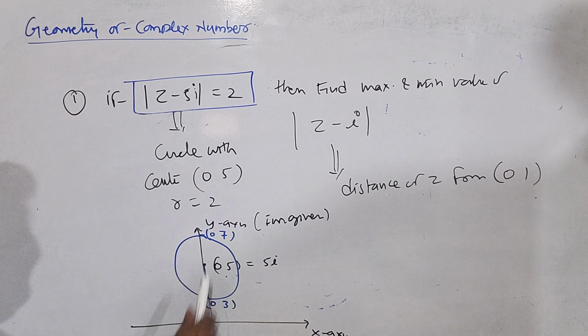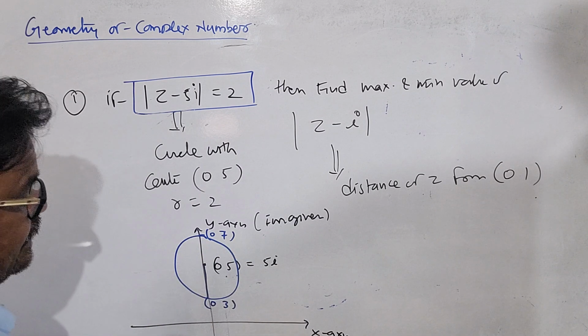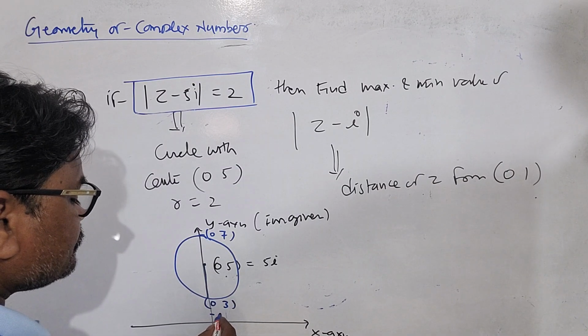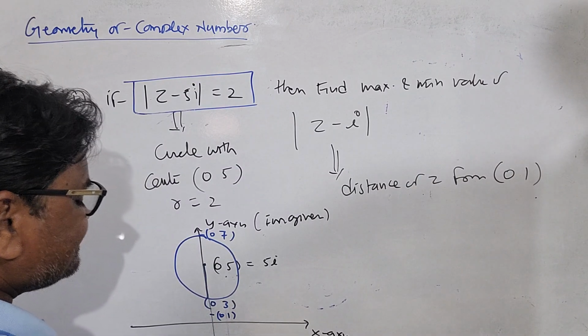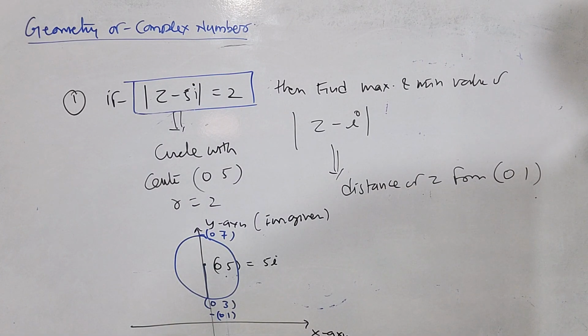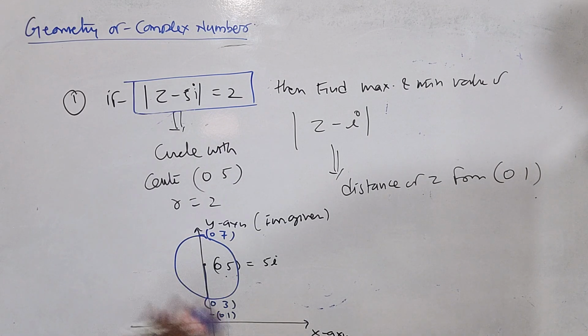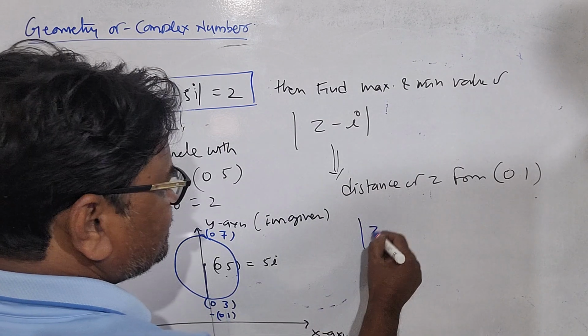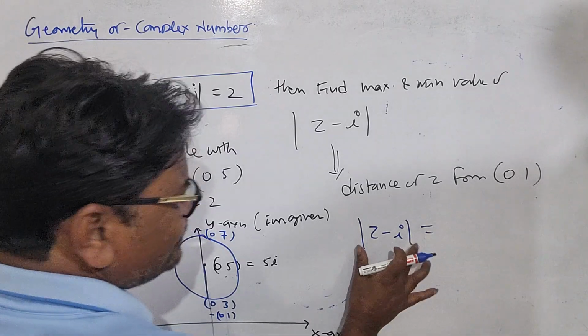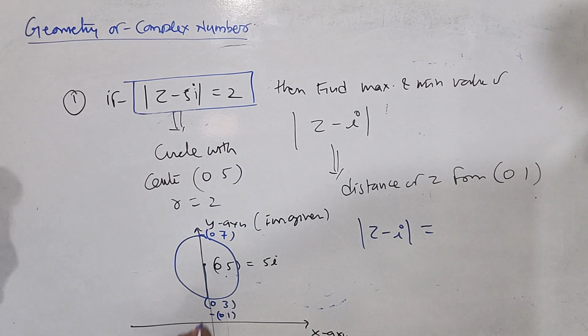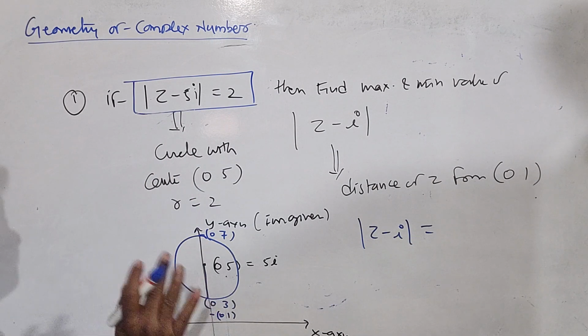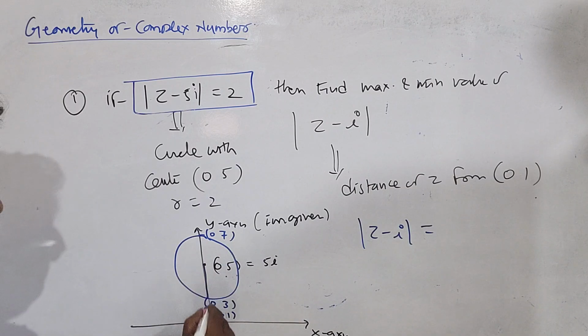In the Argand plane this is 7i, this is 3i, and this is your (0, 1) in coordinate geometry, and i in the Argand plane, correct? The xy plane and the Argand plane are both running simultaneously. So the minimum distance |Z - i|, the modulus is a distance, no complex number at this time, so you have to convert it into the coordinate geometry xy plane, correct? So what is the minimum distance?